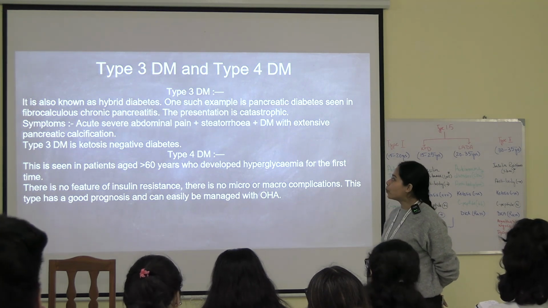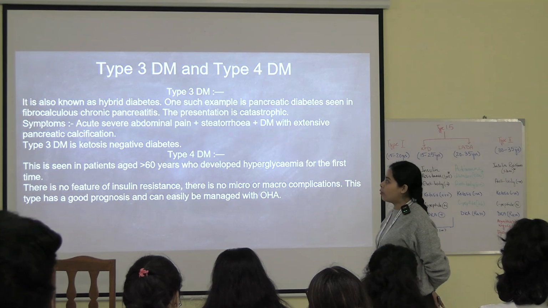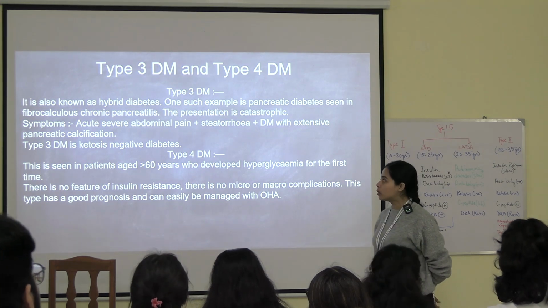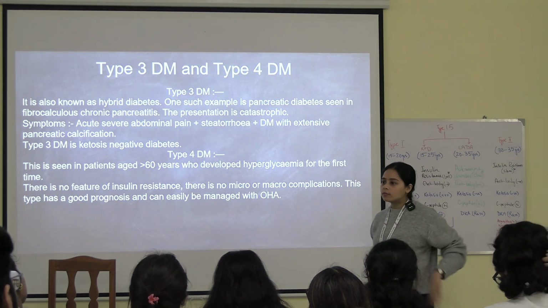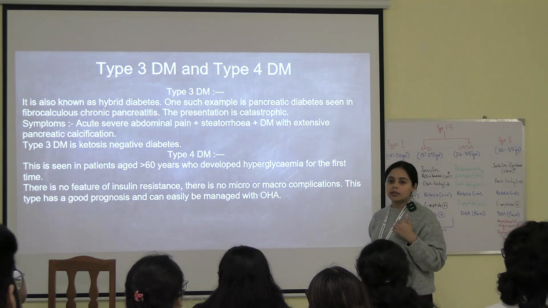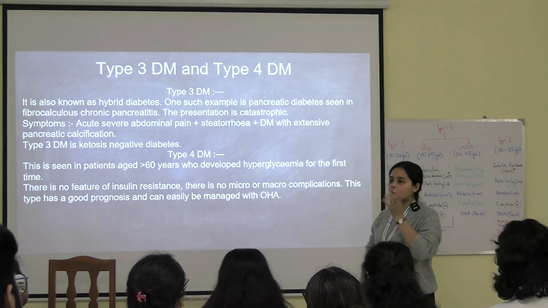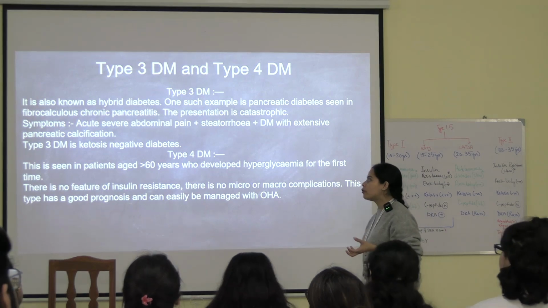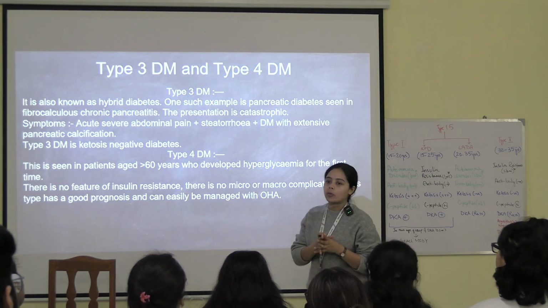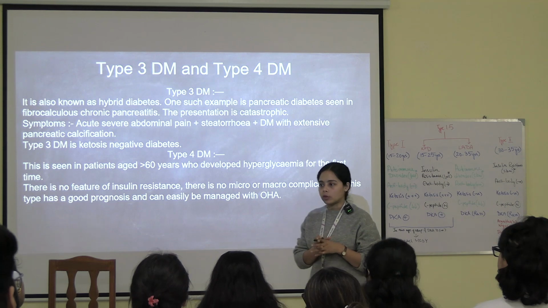So in chronic pancreatitis, what happens to the pancreas? In acute, it gets inflamed. In chronic, it shrinks in size. Fibrocalculous means stones are formed because of calcium deposition.